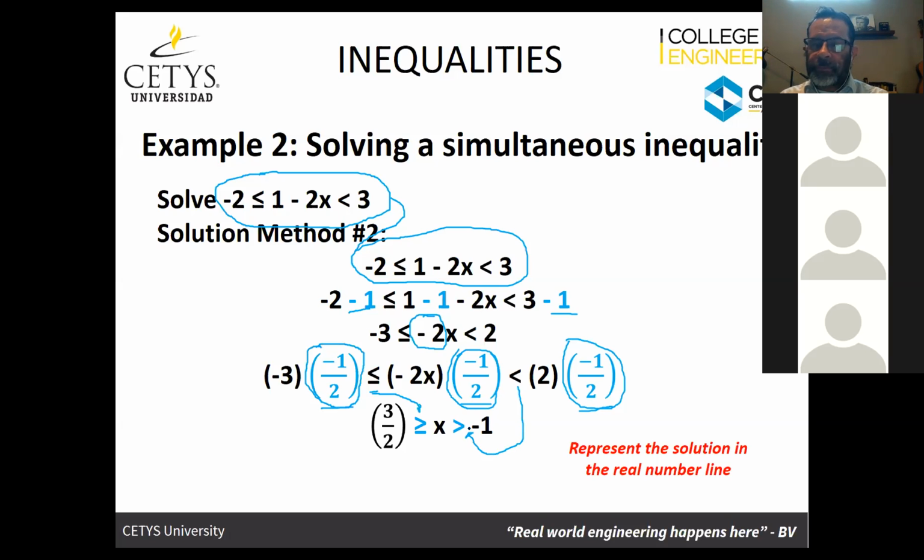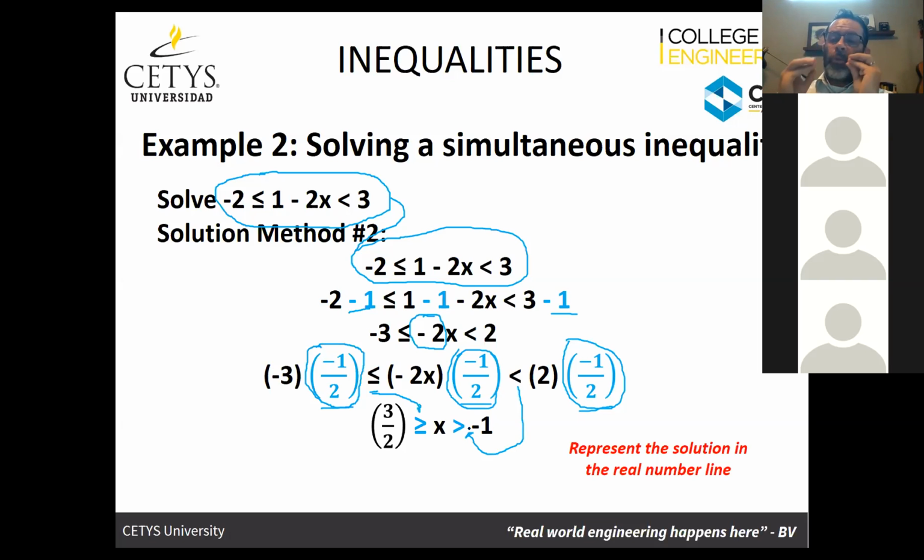Whenever we have to multiply by a number with a negative sign, we automatically put the sign to the other side. Yes, that's basically the rule, and it's one of the basic things where you can make a mistake when you're solving inequalities. It's a very basic mistake.